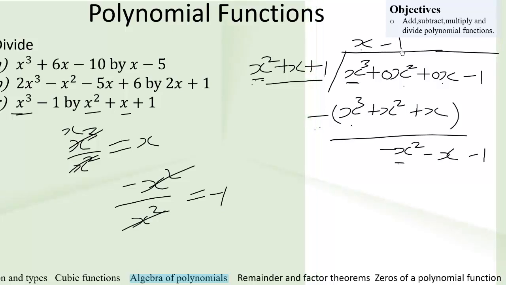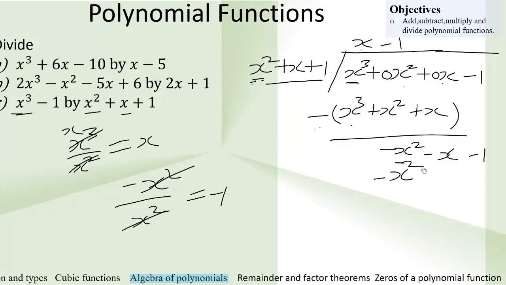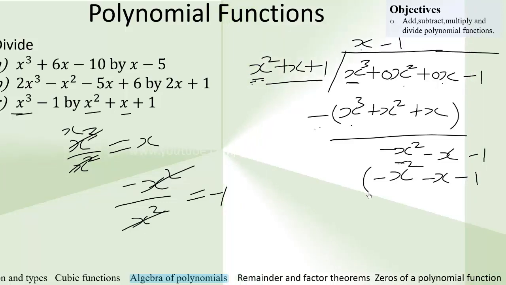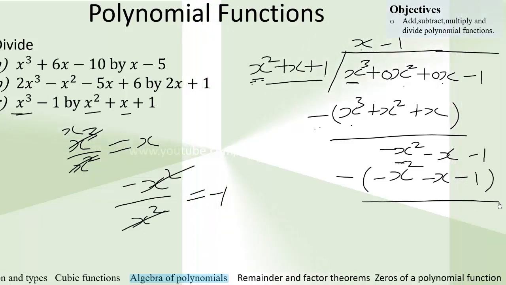Now use the negative 1 times x squared, you get negative x squared. Then use the negative 1 times x, you get minus x. Use the negative 1 times 1, you get minus 1. So now you subtract. Negative x squared minus negative x squared will be 0. Then negative x minus negative x will also be 0.